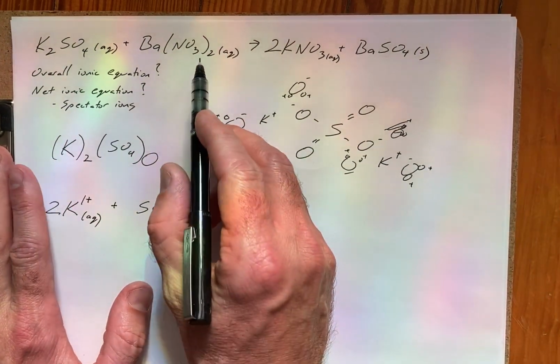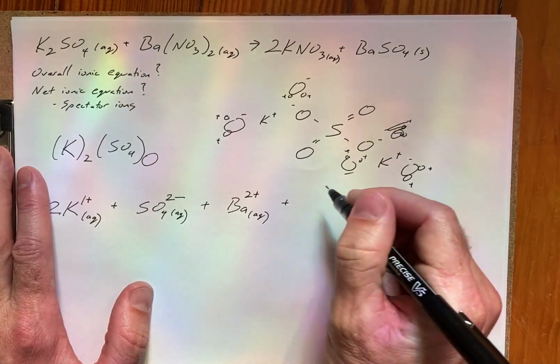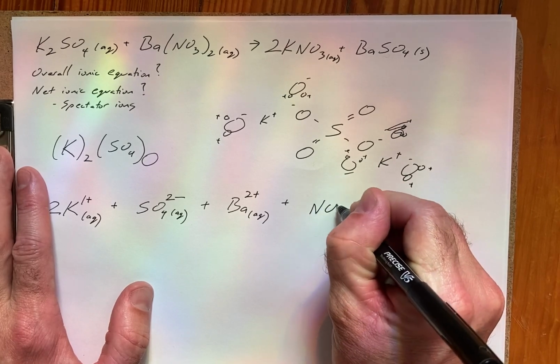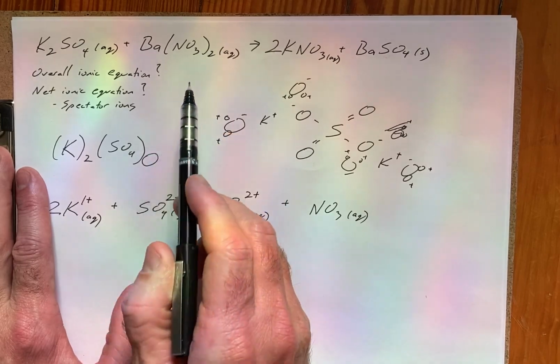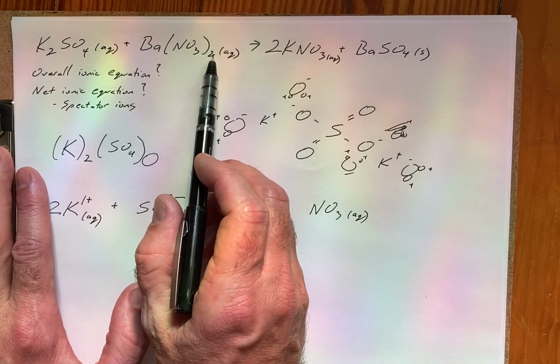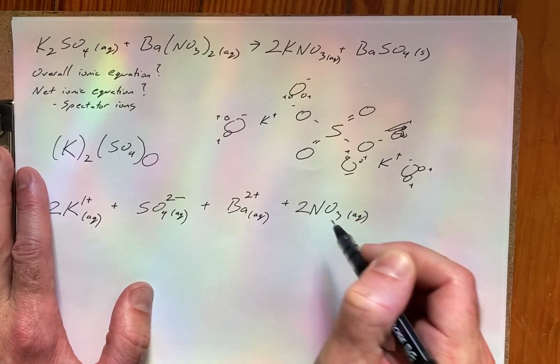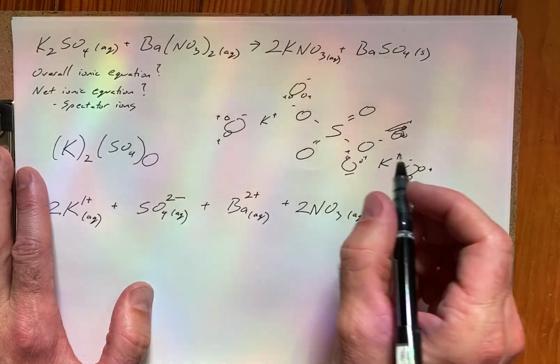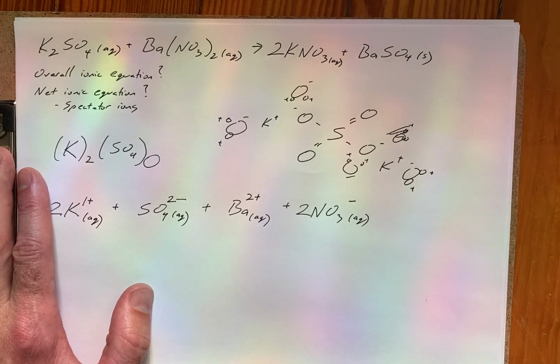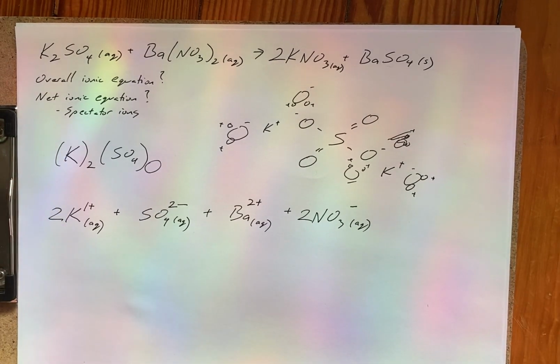All right, let's do that nitrate. NO3, aqueous. How many do I have? I've got 2 of them in here, so I need to put a coefficient of 2. What is my charge? Well, it's the second one in the compound, so I know it's got a negative charge. How big is it? There's 2 things I could do.